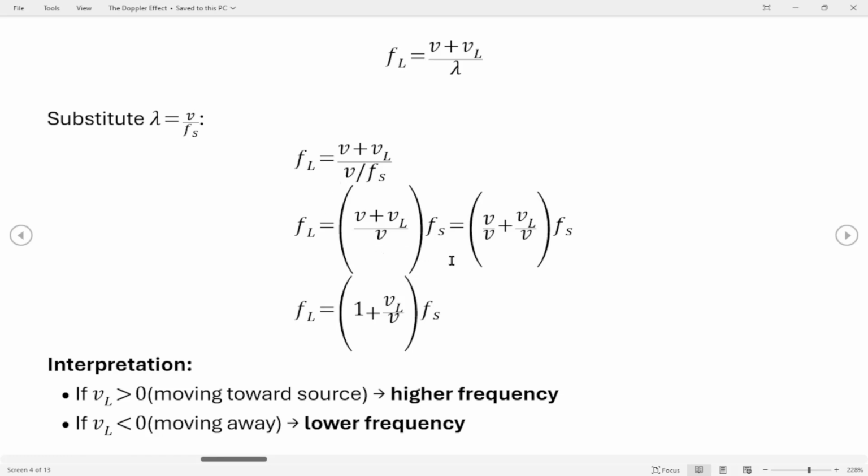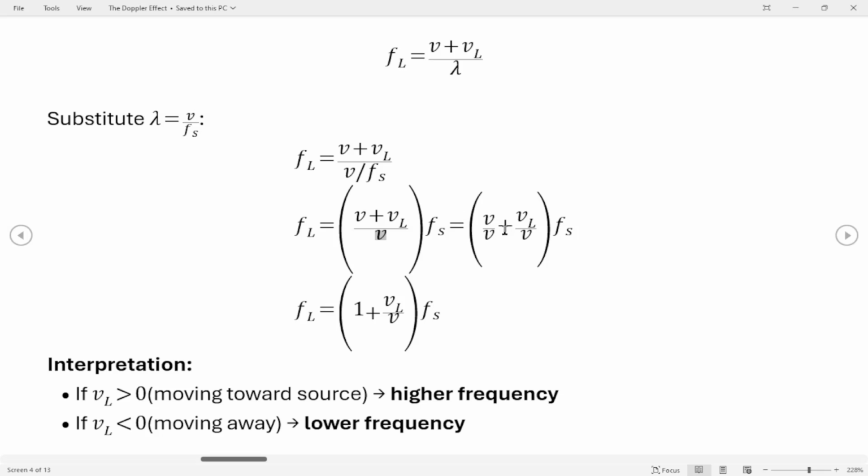So we just take the reciprocal of f sub S here. That is why the equation becomes v plus v sub L over v, times f sub S, where f sub S is the frequency from the source. Take note that the v here, the velocity of the sound, is the denominator of both velocities.